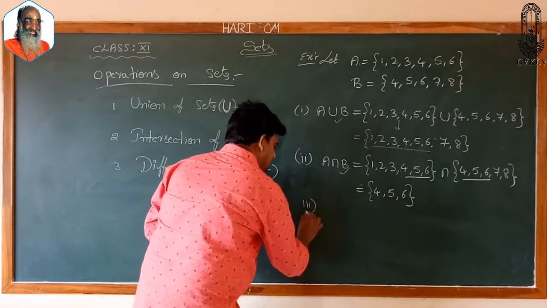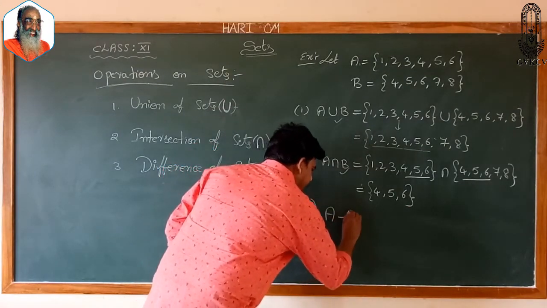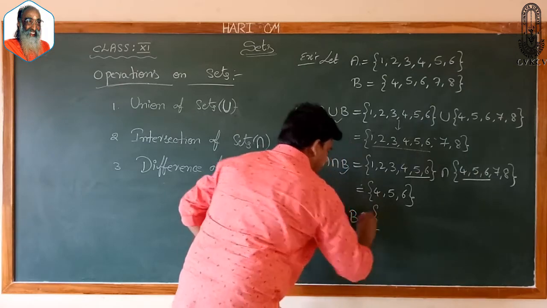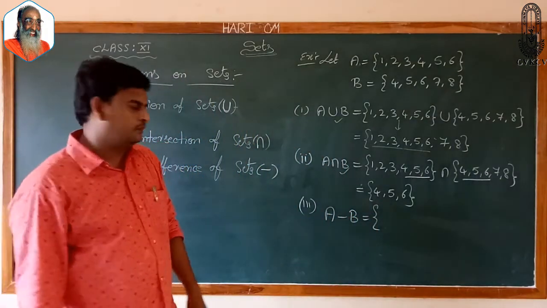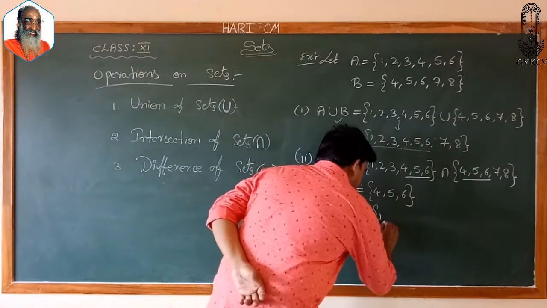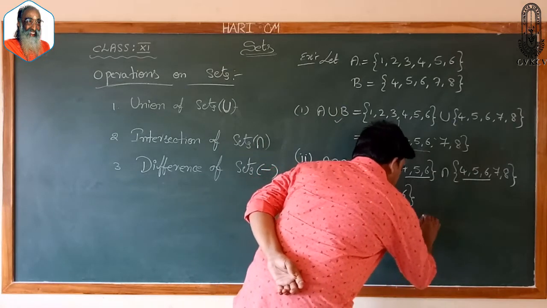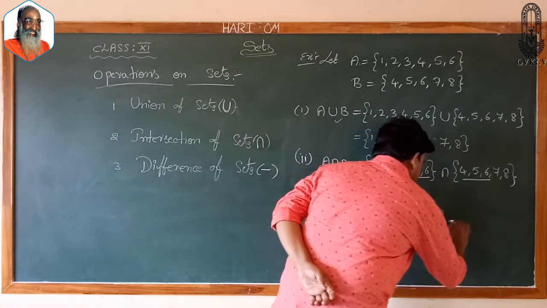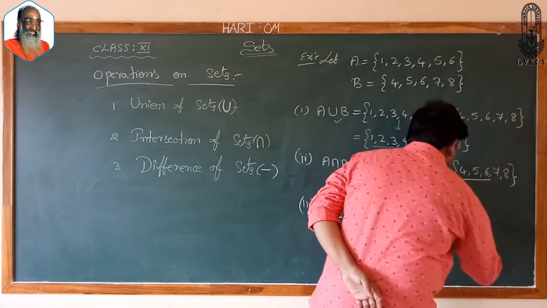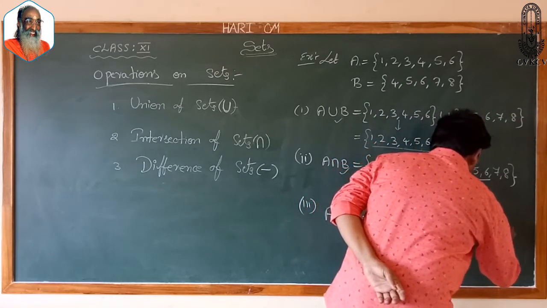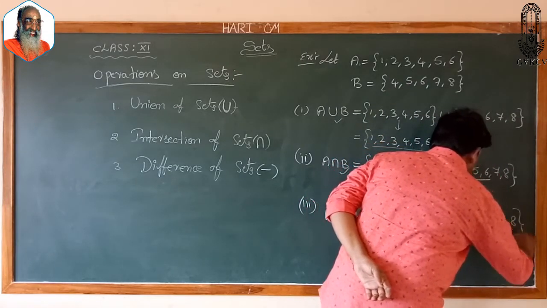Next we go for the third operation, difference of sets. A minus B. What are the elements in A? 1, 2, 3, 4, 5, 6. What are the elements in B? 4, 5, 6, 7, 8.